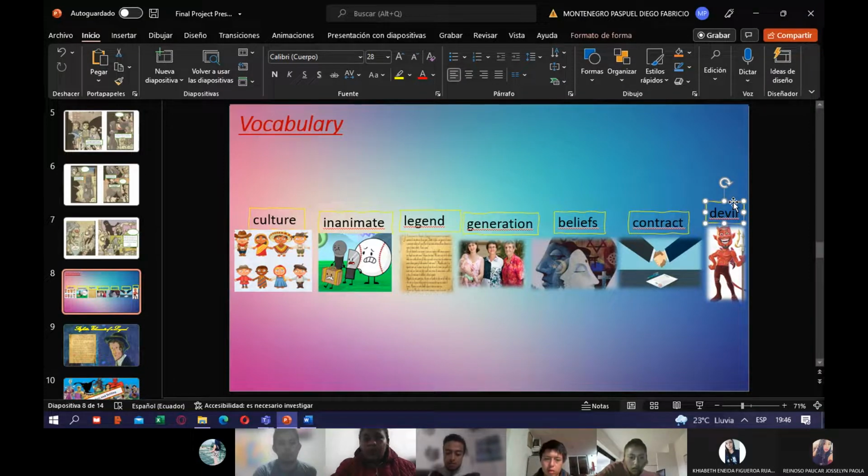It is something that cannot move or feel, like a stone or a ball. Oh, okay, teacher, thank you. You're welcome. Anybody else? No? Okay, let's move on with the next part of this lesson.